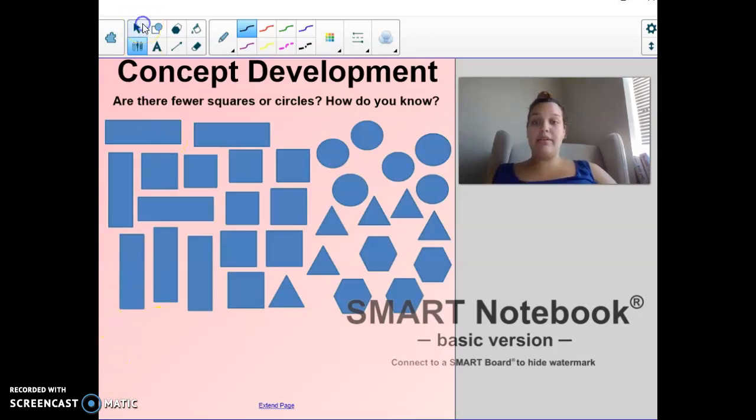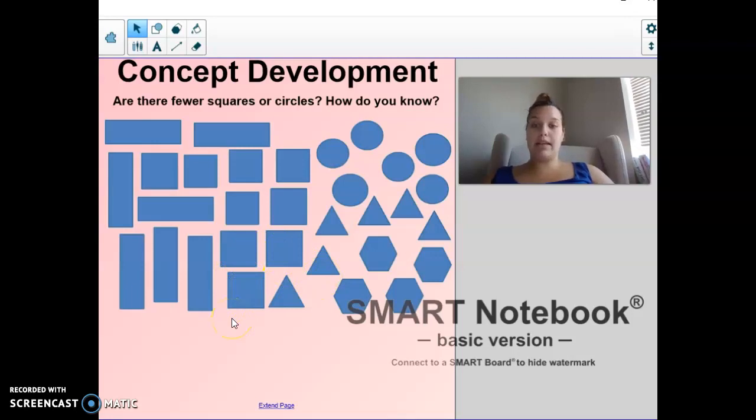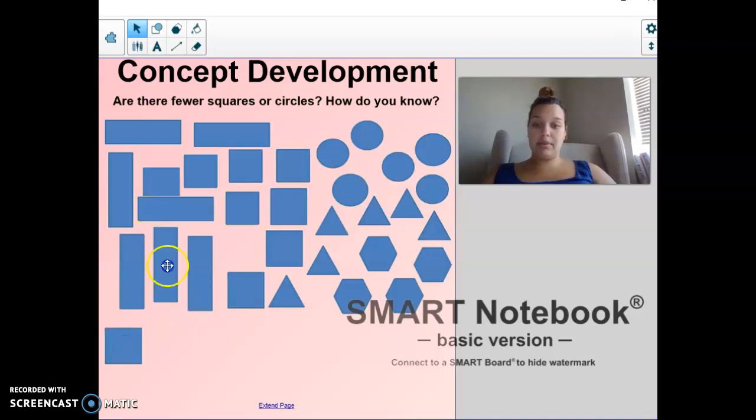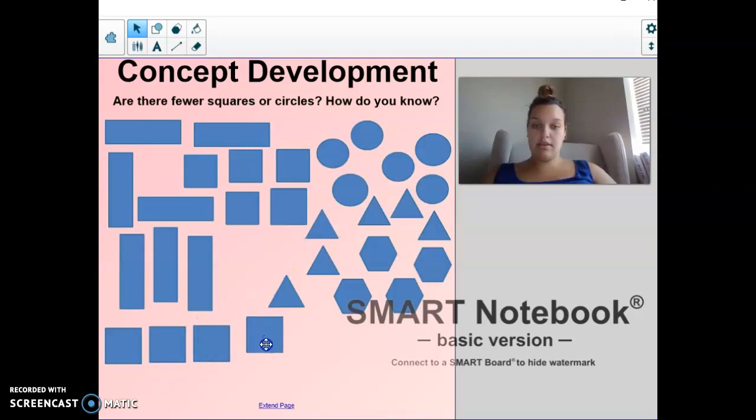So we need to figure out if there are fewer squares or circles. So it's my first thing I'm going to do. Yep, I can drag down the squares or the circles. So I'm going to drag down the squares. There are a lot of squares, aren't there?